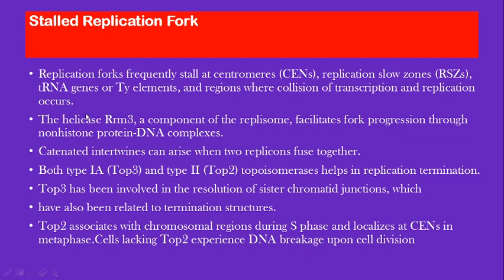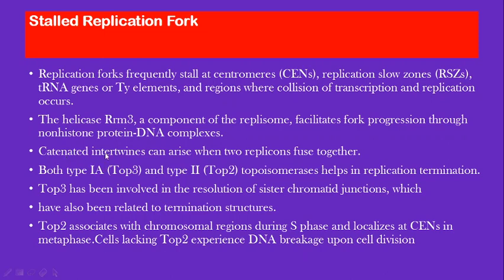Termination occurs when the two converging forks are 150 base pairs apart, at which point it will create supercoils. Those supercoils can no longer be resolved by topoisomerase. So when these supercoils cannot be resolved by the topoisomerases, termination occurs.